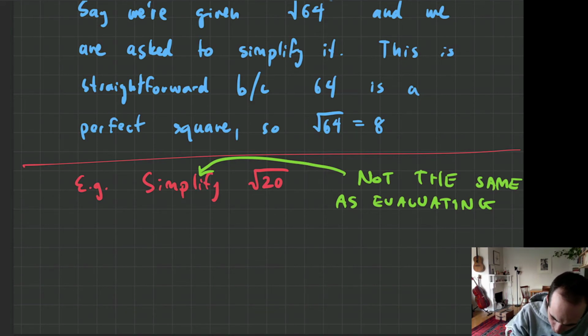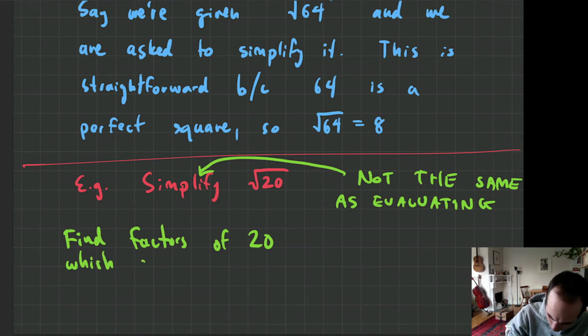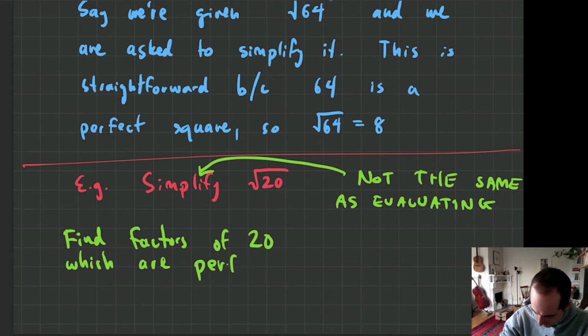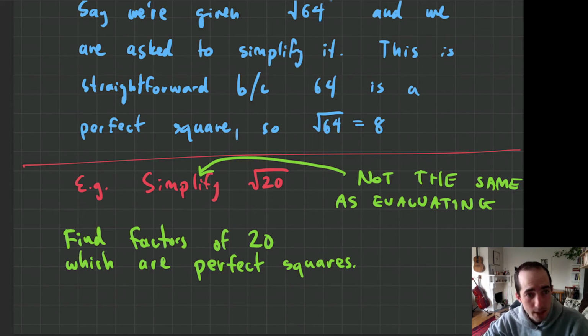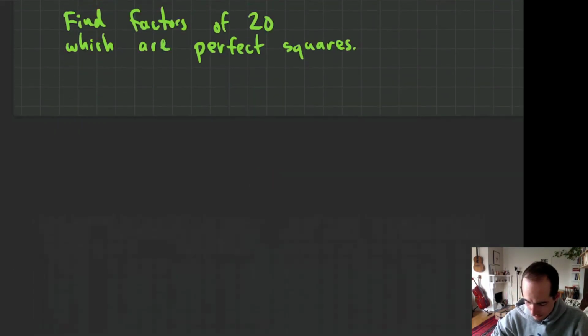So you want to find factors of 20 which are perfect squares. So we're looking for factors of 20 that are perfect squares.